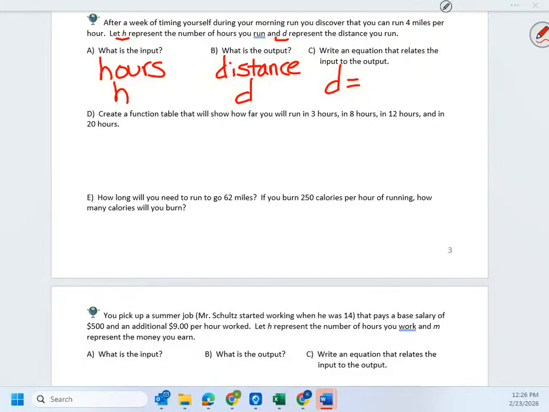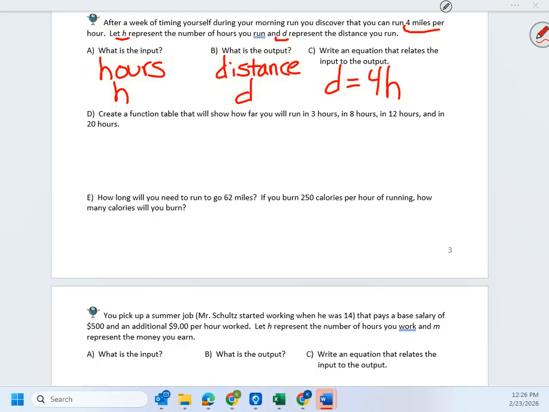I'm not dividing, because it's not gonna get smaller. Multiply. So if I can go 4 miles every hour, to find out how far I run, that's gonna be multiplying the 4 times how many hours you are running.